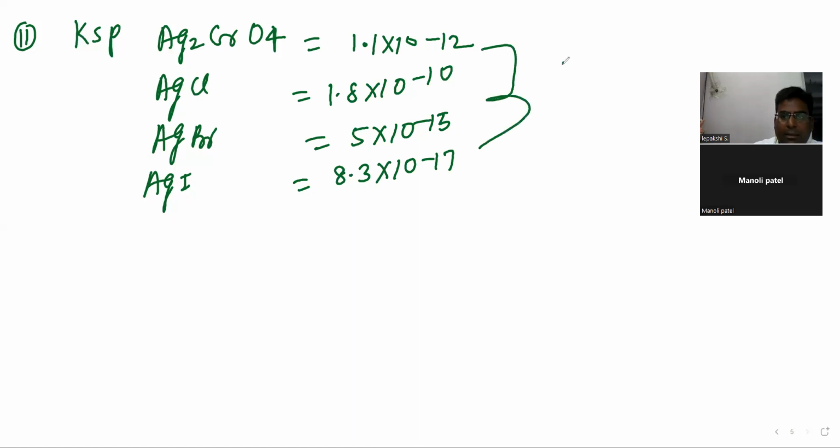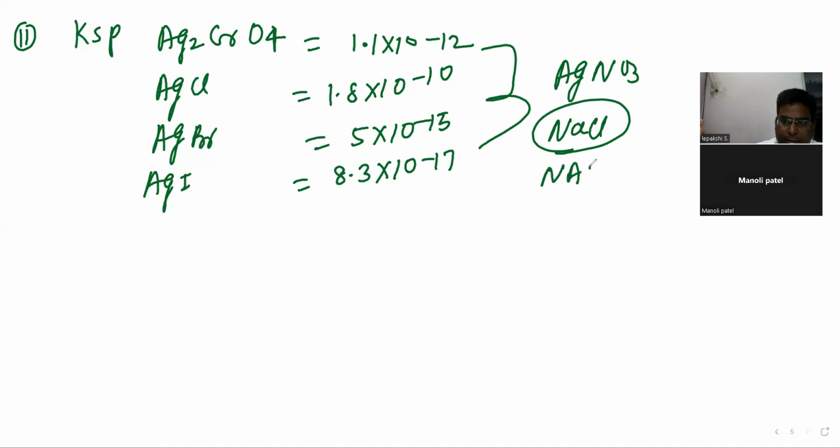We are adding silver nitrate one by one to equal moles of NaCl, NaBr, sodium iodide, and Na2CrO4. So let's see.